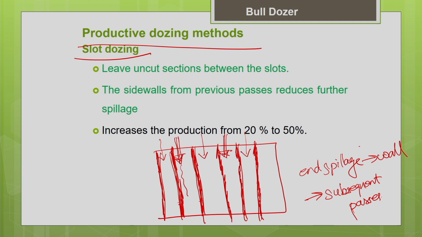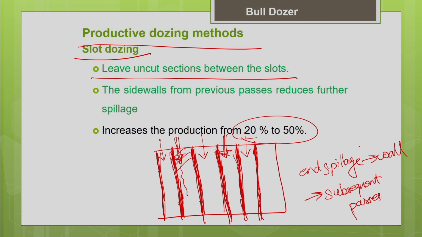Similarly, when it is passing through this path, you already have end spillage formed here that will act like a wall. So, this wall will prevent further spillage during this pass. By this method I can reduce the spillage and increase the productivity by 20% to 50%. Basically, you leave some uncut sections between the slots.